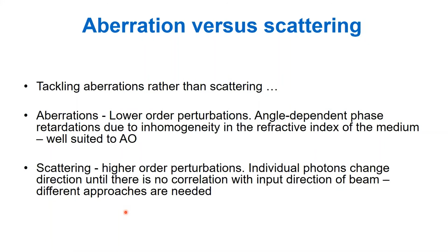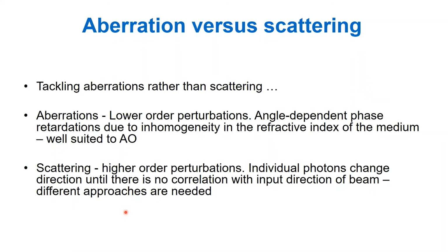This is where you've got a kind of bulk change in refractive index within your sample and your wavefront propagating through your beam, and you delay a section of that wavefront by a fixed amount, whereas scattering is much higher order, and individual photons are changing direction due to the size of the features within the sample, and by the time you get to the transport mean free path, the directions of the photons are completely random with respect to each other.